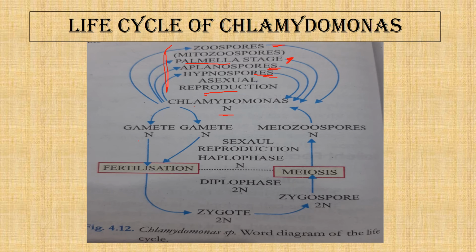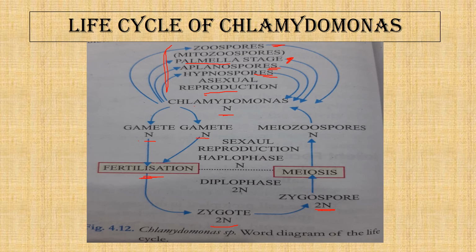After reproduction, the gametes fuse, that is fertilization happens, and the zygote is formed. The zygote and then the zygospore are the only two diploid stages in the life cycle of Chlamydomonas.